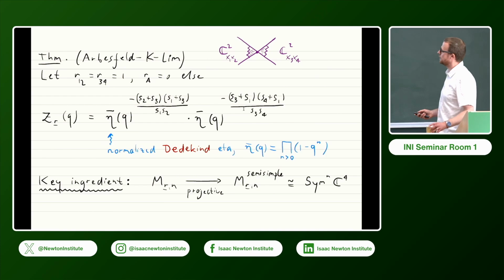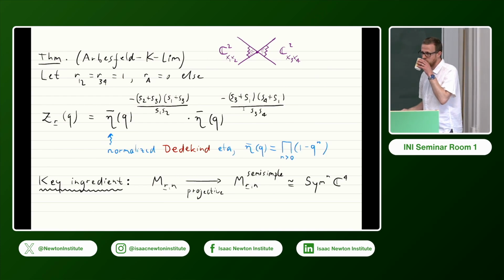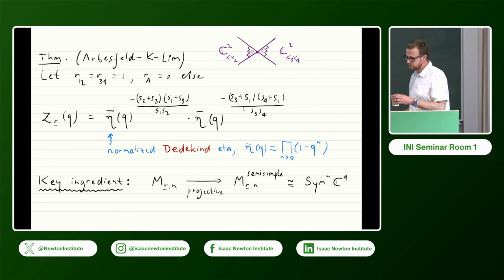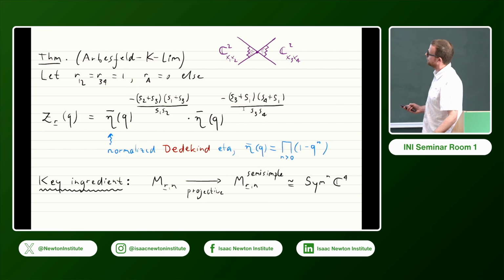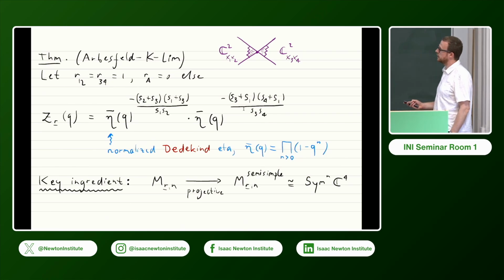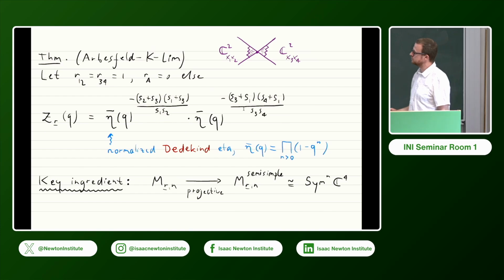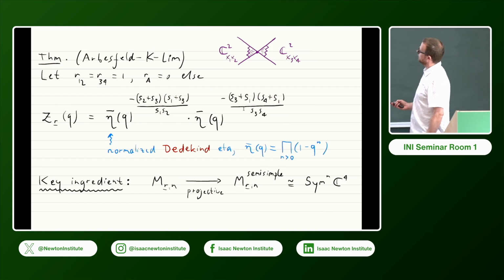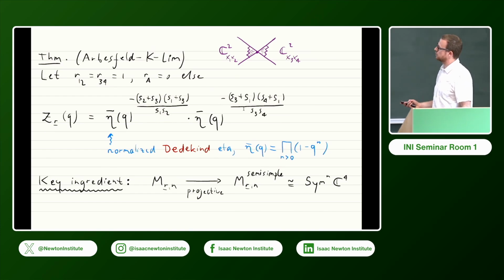Now let's also do one truly four-dimensional example. Let us take, as in the beginning, framings R1 and R3 equal to 1 and all the other R_A equal to 0. In this case, we also have a closed formula for this origami partition function.